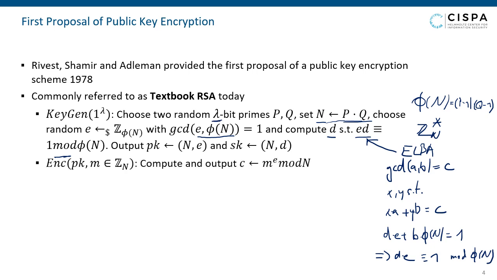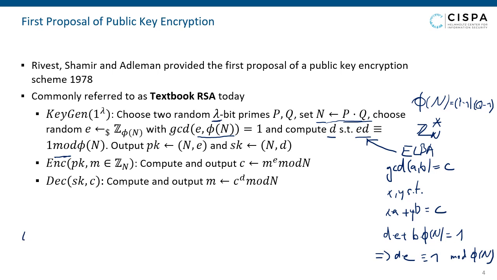Now, how does encryption work? To encrypt a message M in Zn, we just compute a ciphertext C as M to the E modulo n. To decrypt a ciphertext C given a secret key n comma D, we just compute C to the D mod n. And how can we briefly see that this is correct?